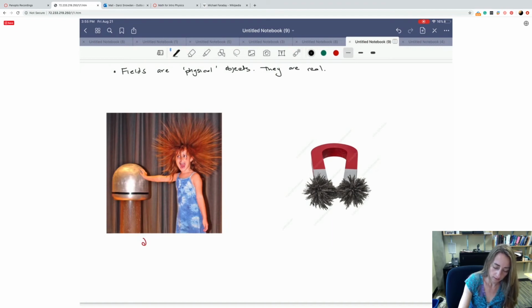And we even know how they travel through different mediums. And of course, we now know that the electromagnetic field is actually a wave that transports energy even through a vacuum.